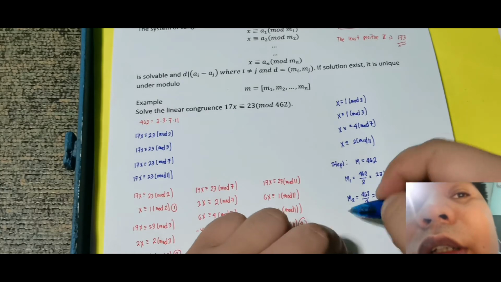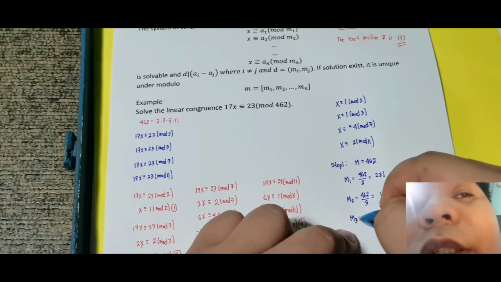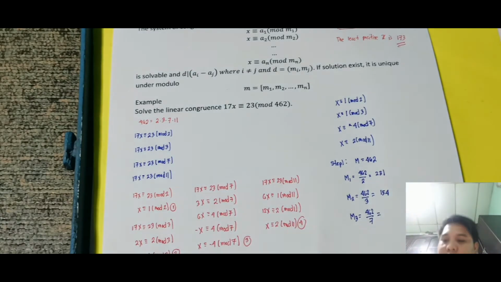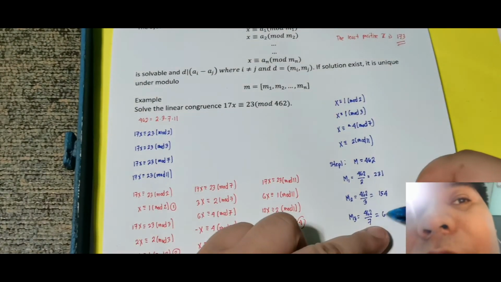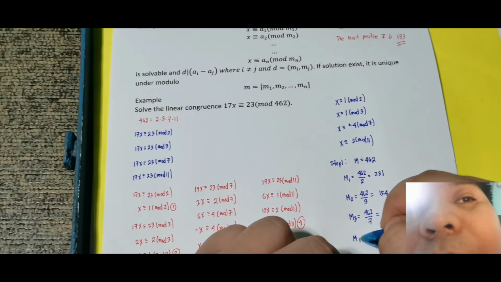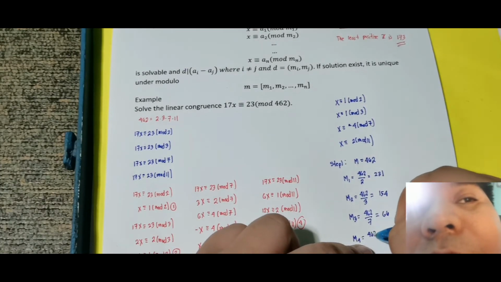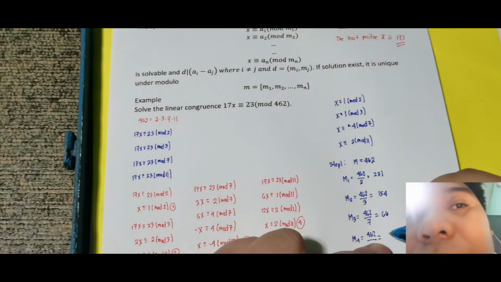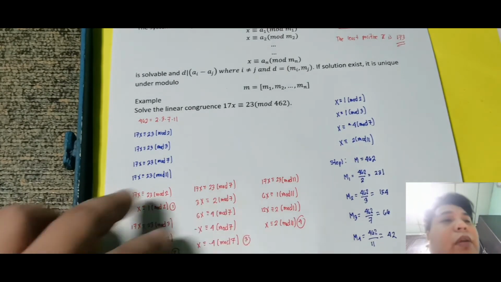Then M sub 3 is equal sa 462 divided by 7, so that is 66. Then M sub 4 is equal to 462 over 11, and that is, I think, 42. Okay, so yun yung mga M.